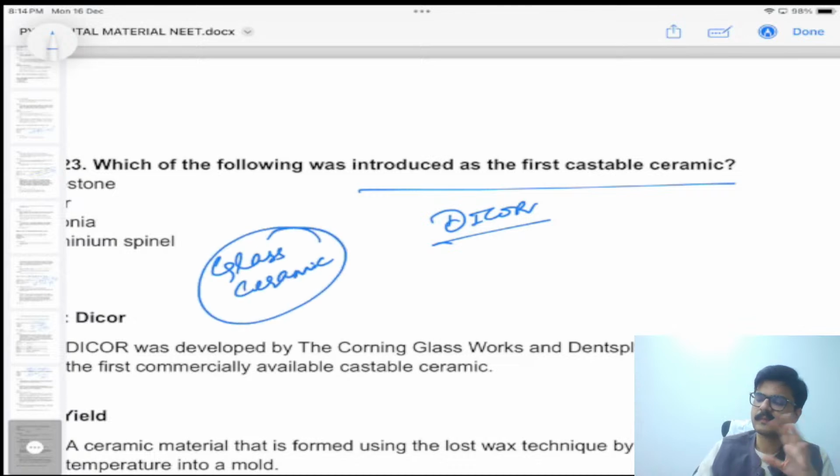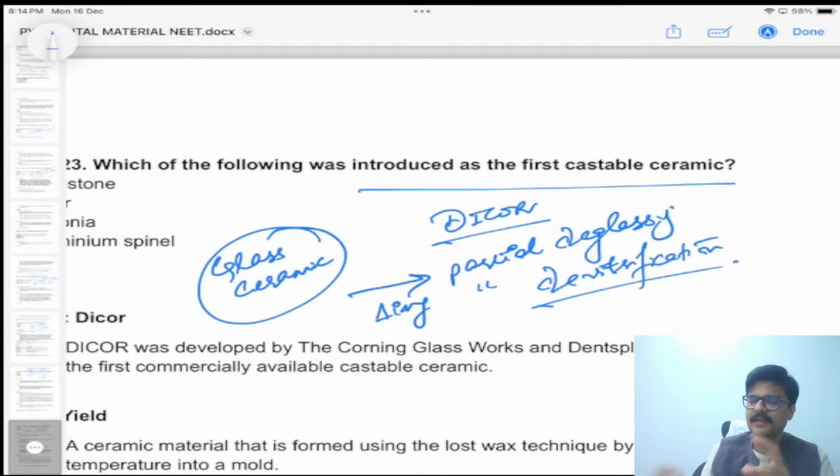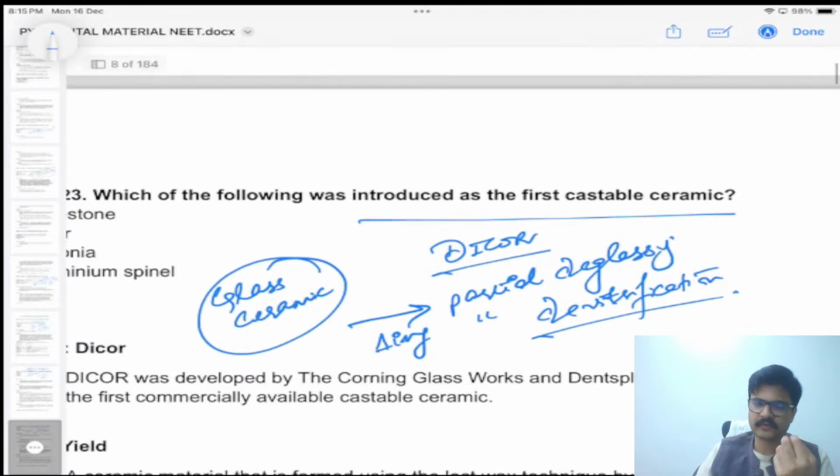Basically, you do a controlled heating process that leads to partial crystallization, in other words partial deglassing, in other words partial devitrification, right? So in the amorphous glassy phase, you do some controlled heating process, and that leads to the precipitation of crystals.